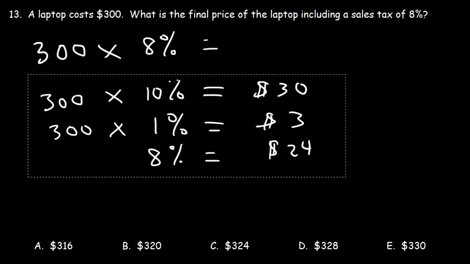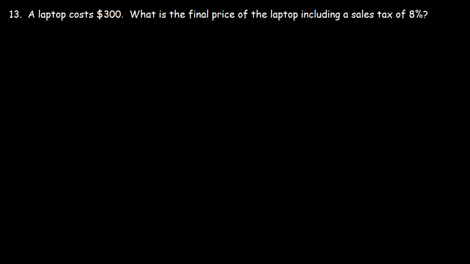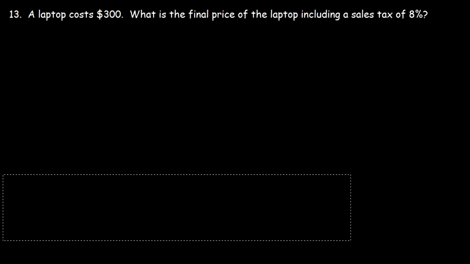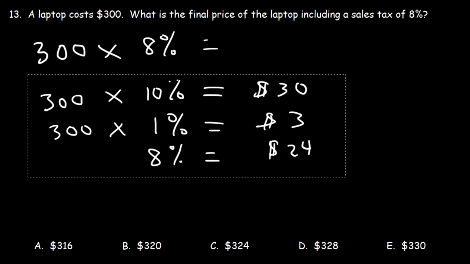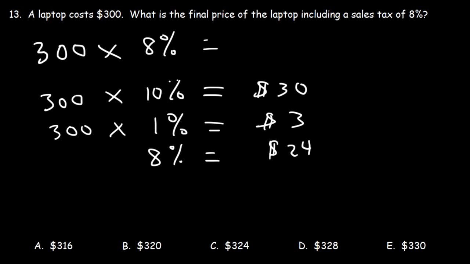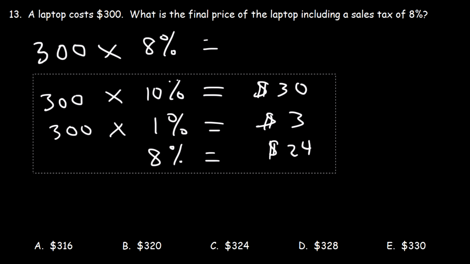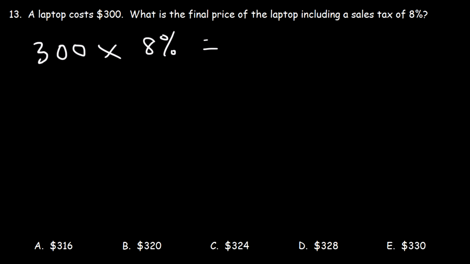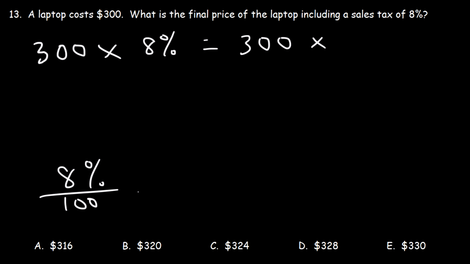If you have access to your calculator, you can do this. You can convert 8% into a decimal. To do that, divide it by 100. 8% is equivalent to 0.08.